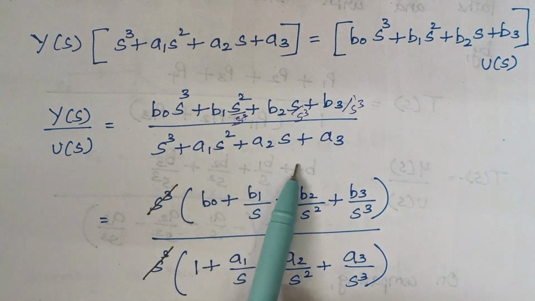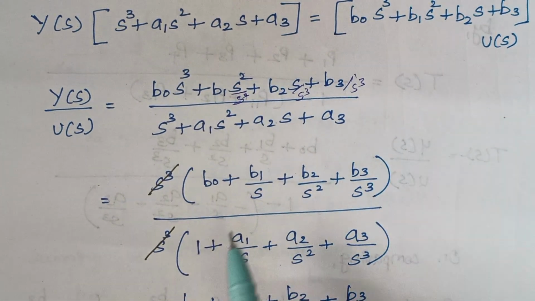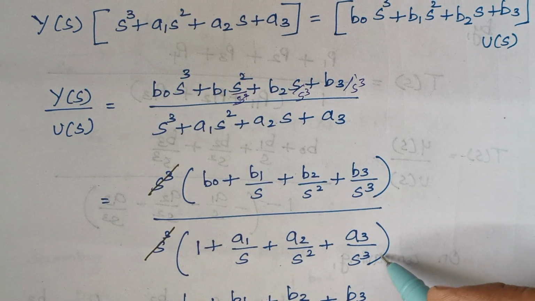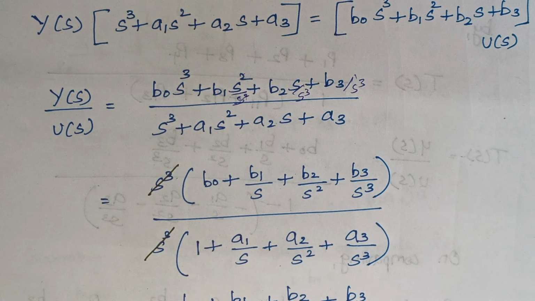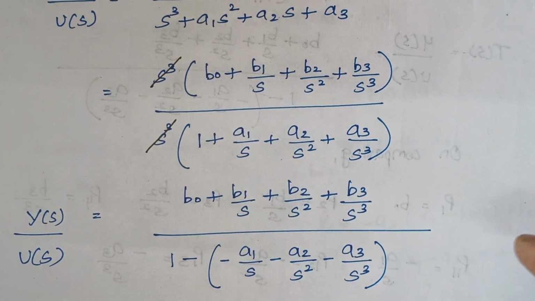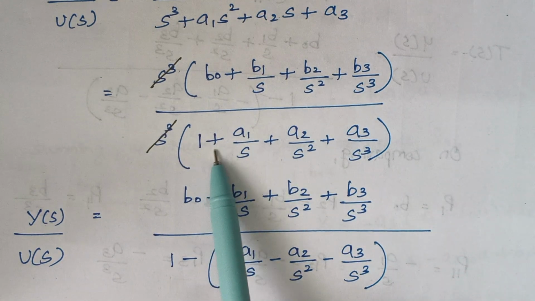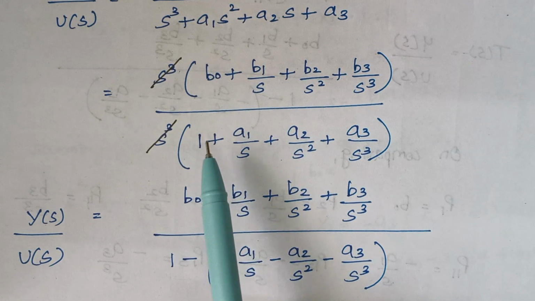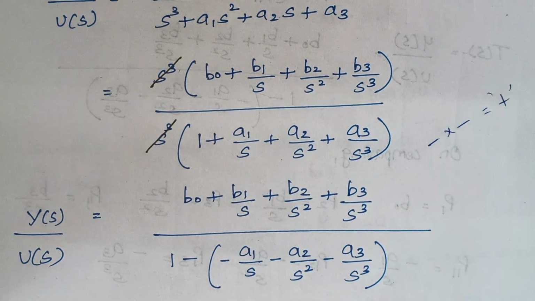Likewise, in the denominator part, again when you take s cube outside, we will be having terms like this, right? So, both the numerator and denominator term cancels each other, and here we are simply rewriting the above expression. That is, you see, I am splitting this plus as minus into minus, right? So minus into minus will give you plus, right?